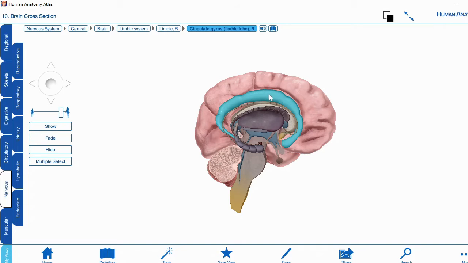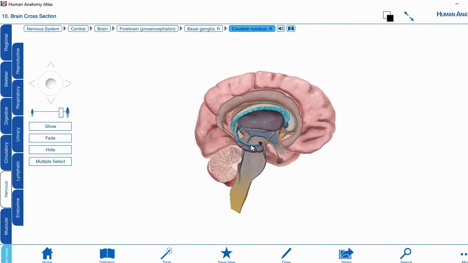Then this structure is actually the internal part of the cerebrum, where it is connected with the midbrain. Then this one is again part of the forebrain, part of the cerebrum, the lowest part of the cerebrum.